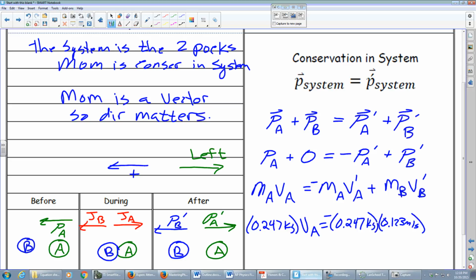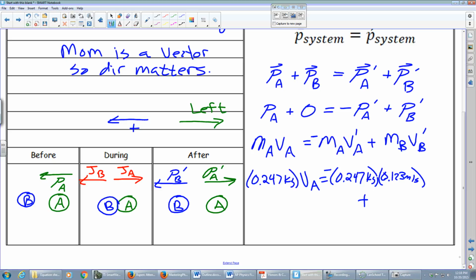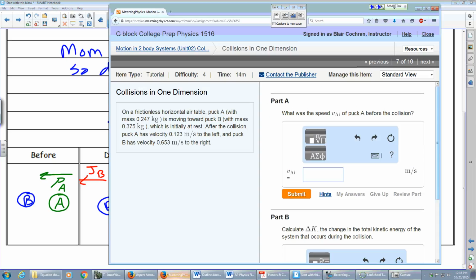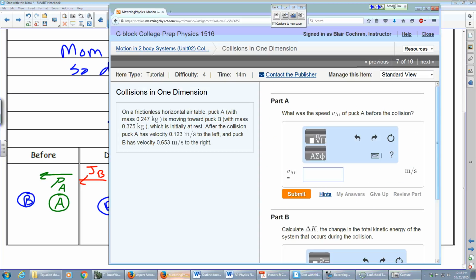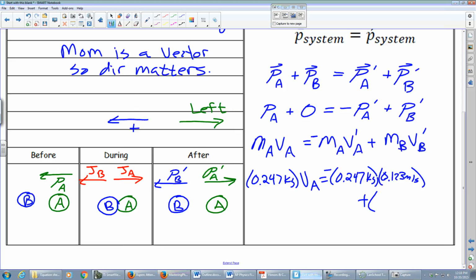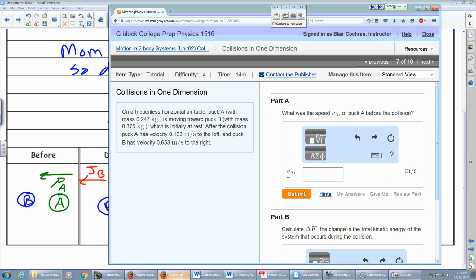I'm going to run out of space here, so just move down a little bit. And puck B has a velocity of 0.653. So the inertia of B, they told me also 0.375 times that velocity that they just told me, 0.653.